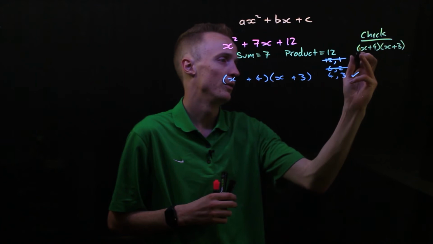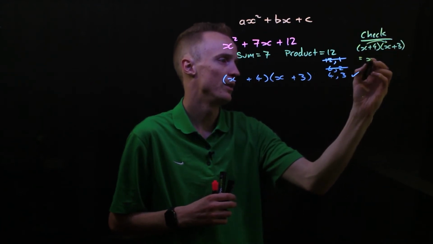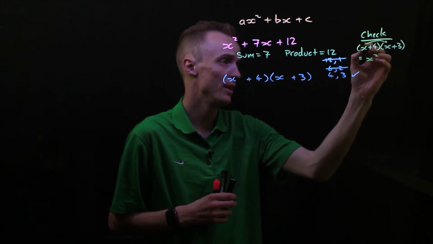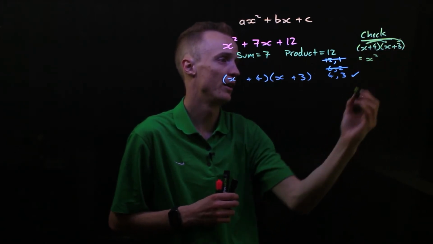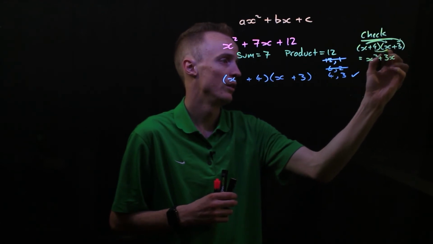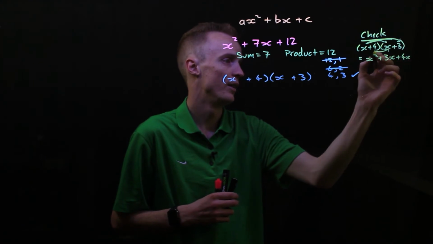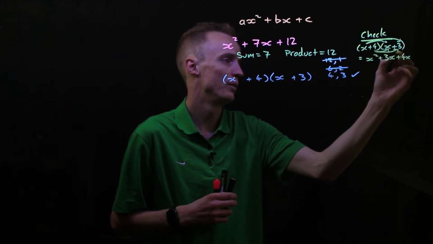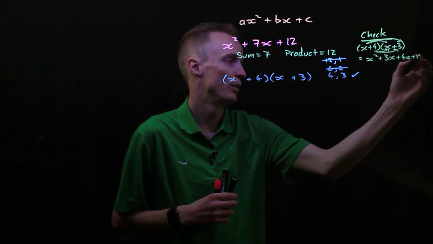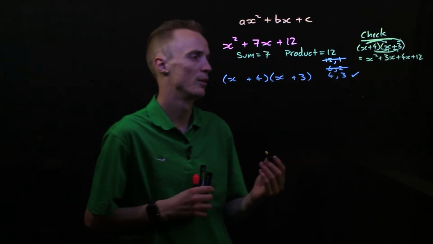So as I use FOIL, it will be x times the x, which will be x squared. It will be x times the 3, which will be plus 3x. It'll be 4 times the x, which will be plus 4x. And then our last, it'll be 4 times the 3, which will be plus 12. Now from here, we'd have to simplify it by collecting like terms.